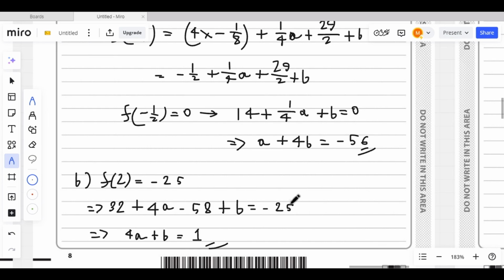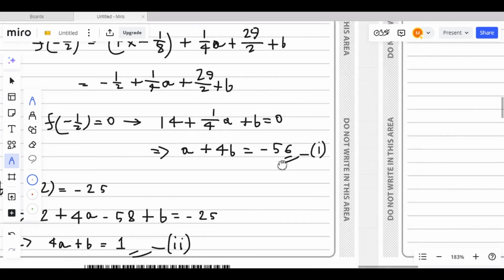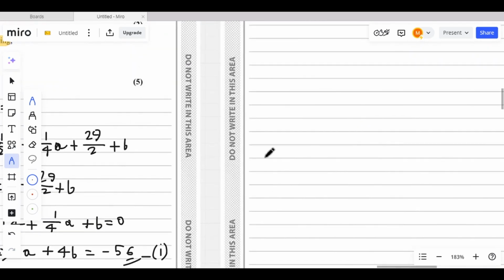Consider this one as the first one and this one as the second one. We can multiply the second one by negative 4 and then add it with the first equation.